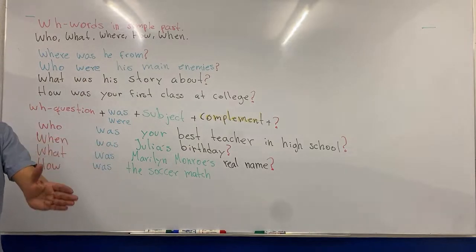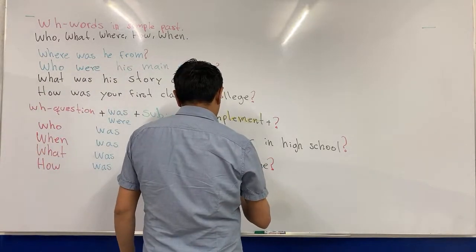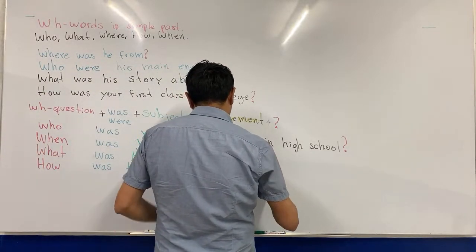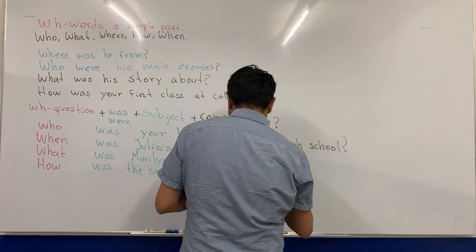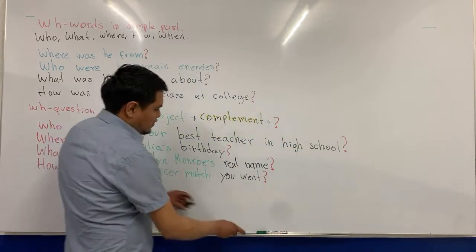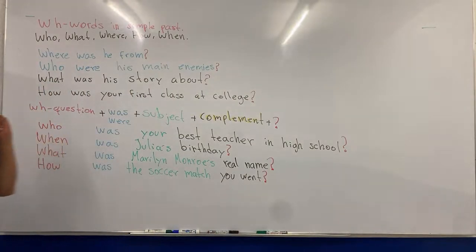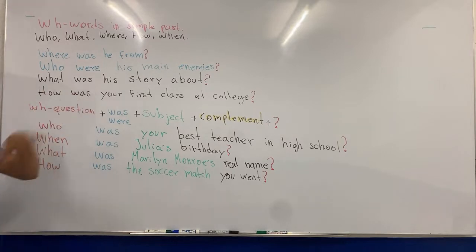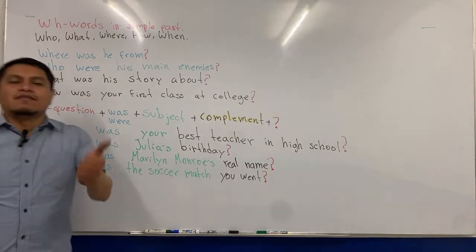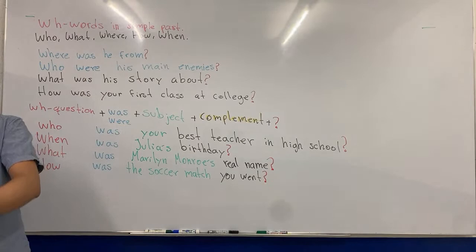How was the soccer match you went to? And the last example, and this is the last. What about who, when, what, how? This is all, right?